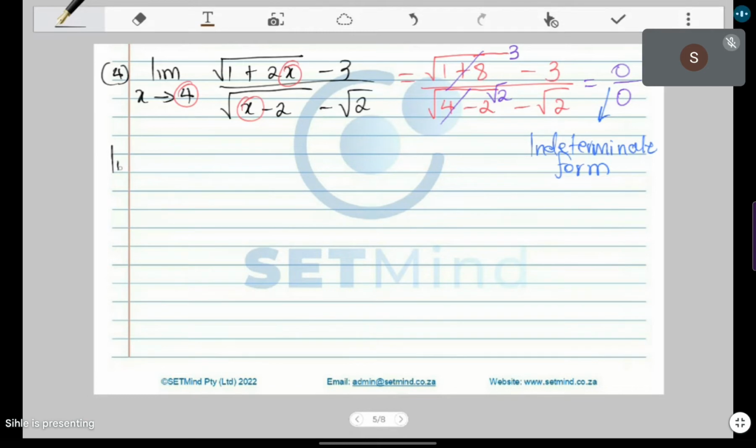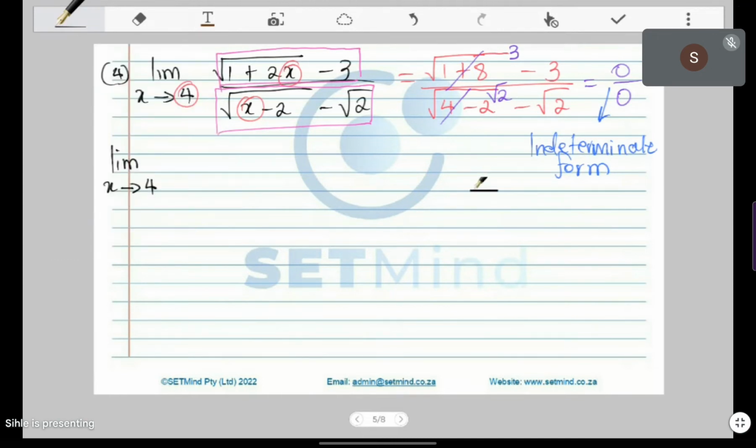So L'Hopital's rule says, okay, cool, you should try again, but now when you try, make sure you have derived the numerator and make sure you have derived the denominator, and then you try again. If you still get 0 over 0, infinity over infinity, try again. So let's see how this goes.